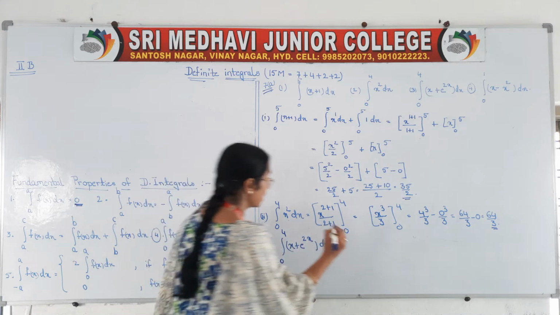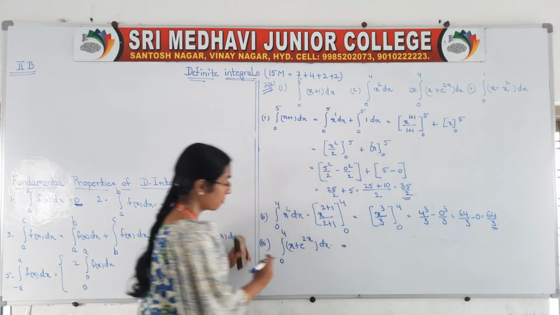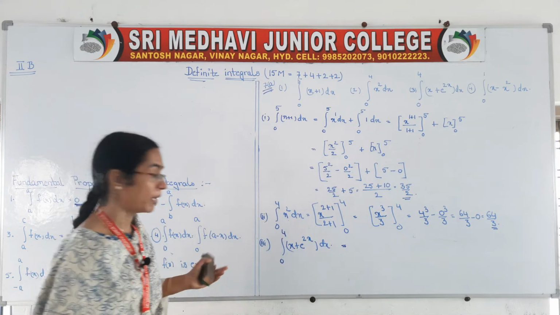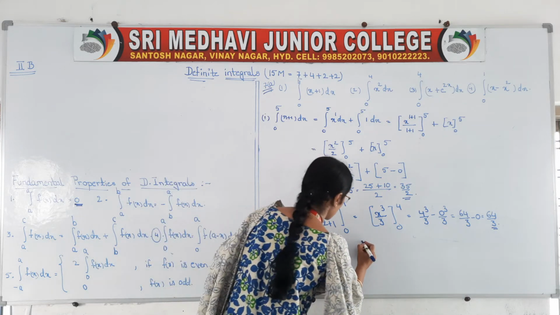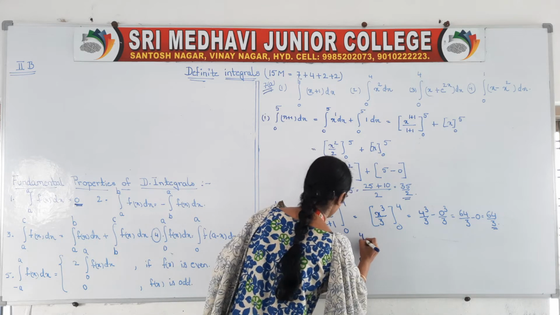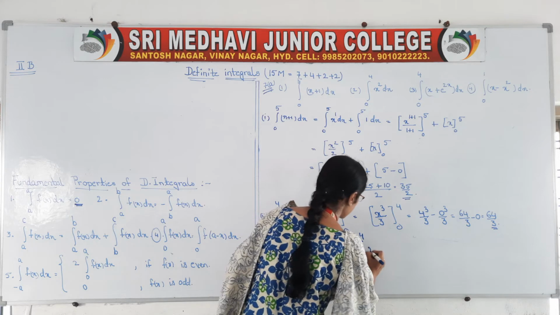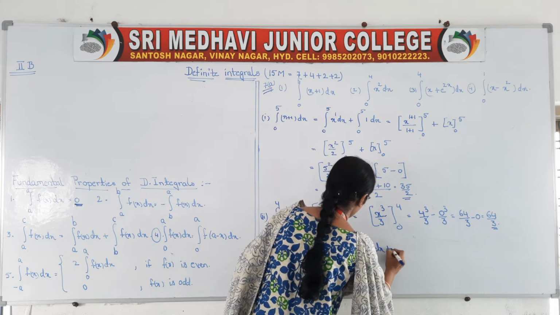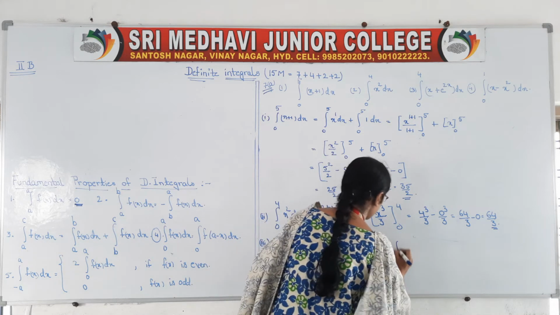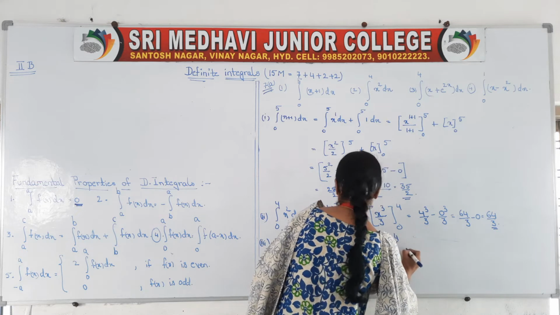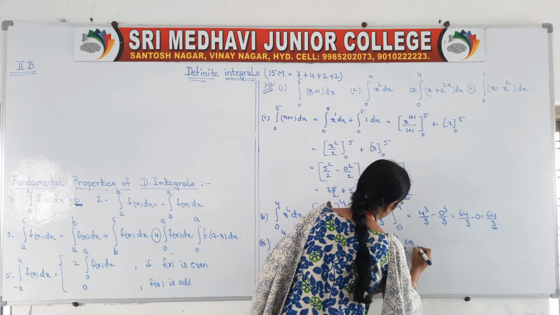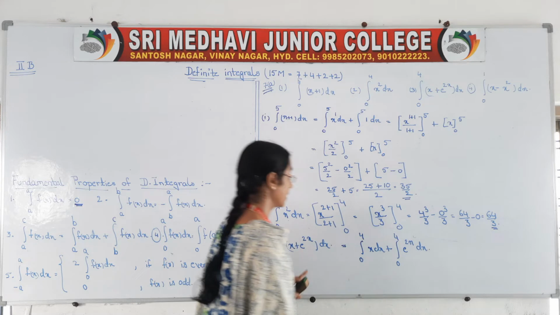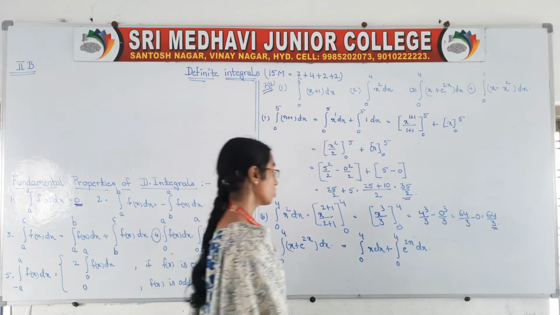Same thing in the third question also: whenever plus or minus is there, we can take separate integrals. So it is integral 0 to 4 x dx plus integral 0 to 4 e to the power of 2x dx. How can we solve this one?